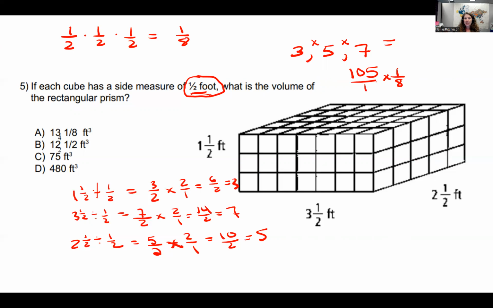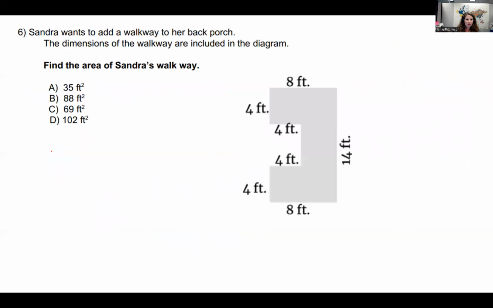And we get 13 and 1/8 feet cubed. So A is the right answer. I don't know what those little numbers are doing there. But anyway, 13 and 1/8. So that was probably the hardest problem on the test. All right, so moving on.